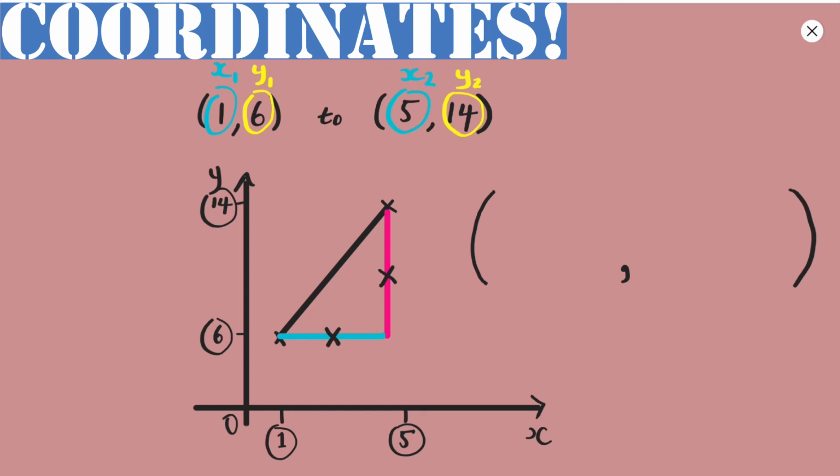So we know that whatever those x values are, we're going to add them together, like so, and then we're going to divide them by 2. That will give us the halfway point of the across direction, the x direction.